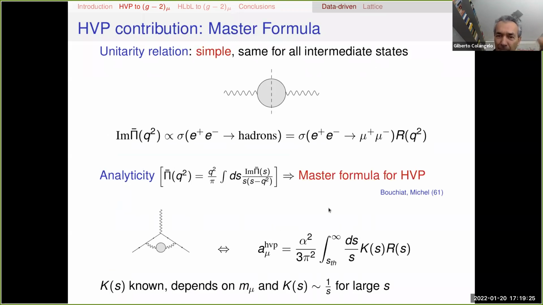So now you have established this dispersion relation. The question is, what gives you the imaginary part? And here is where unitarity plays a role.